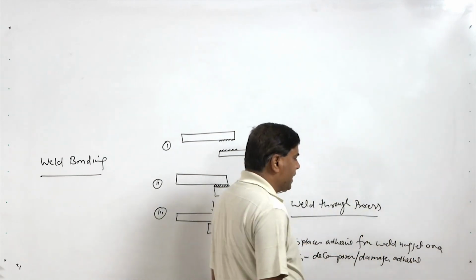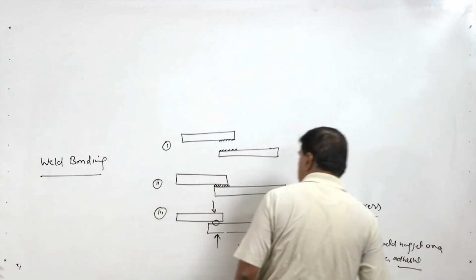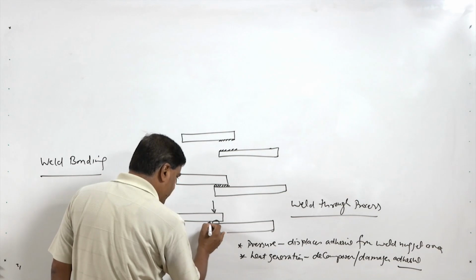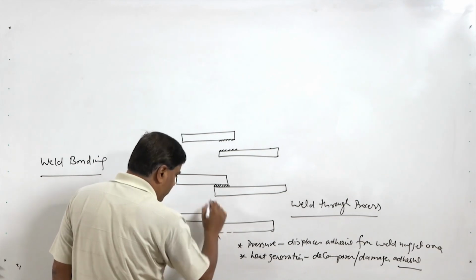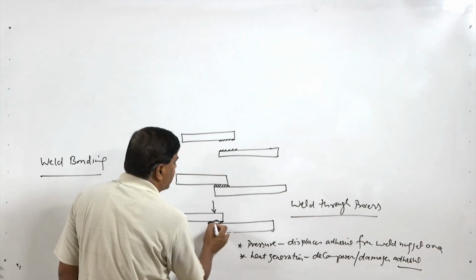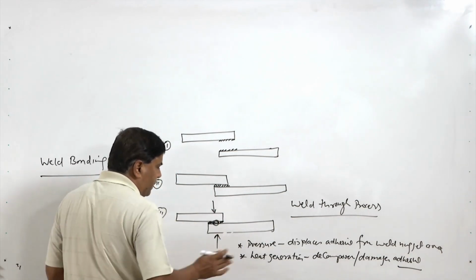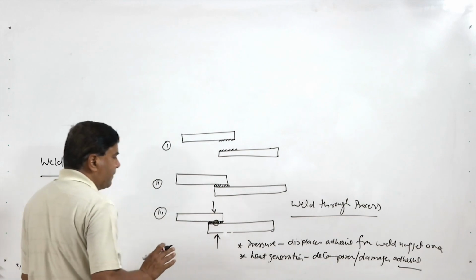So the adhesive is present here, and when the spot weld is made, the adhesive present in the area where the spot is being made is displaced and also thermally damaged.